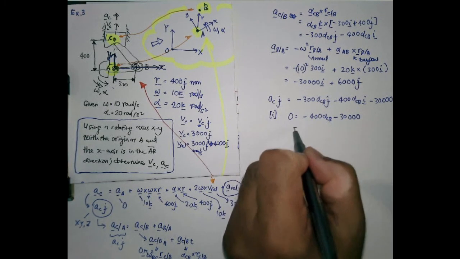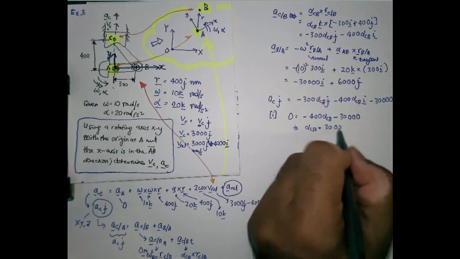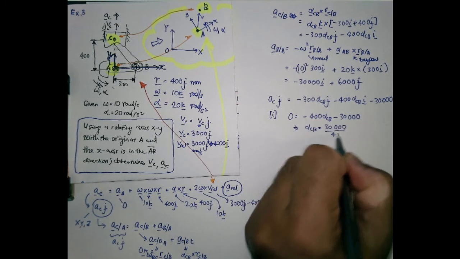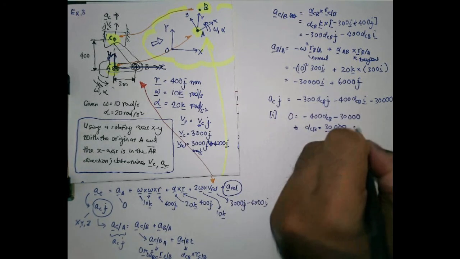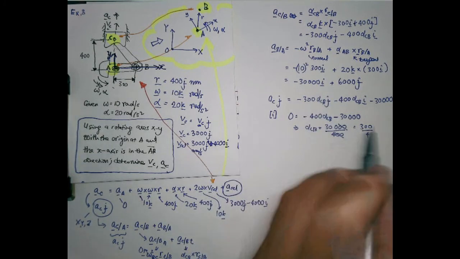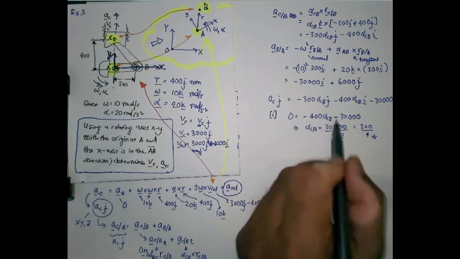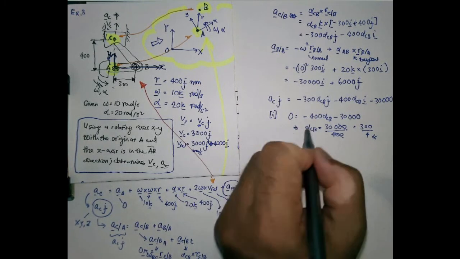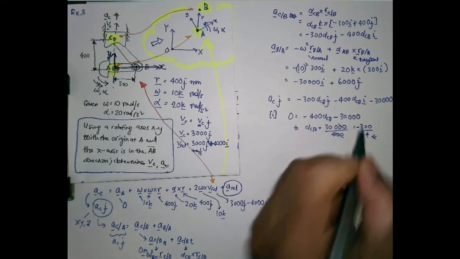Therefore alpha CB equals minus 30,000 divided by 400, that is minus 300 over 4.